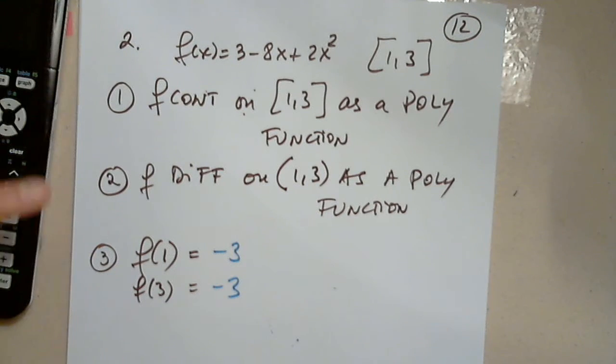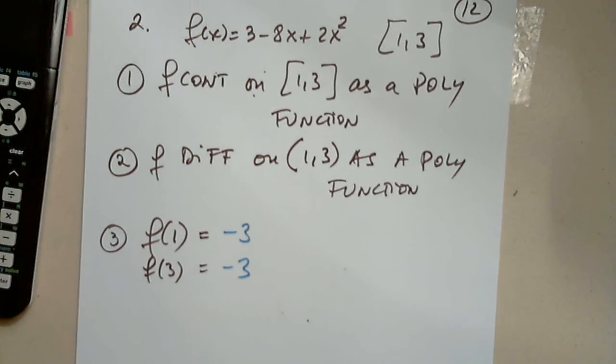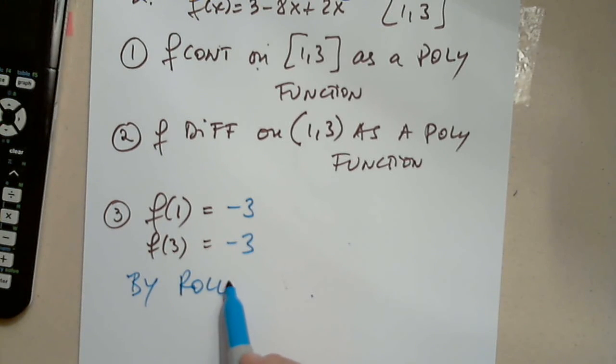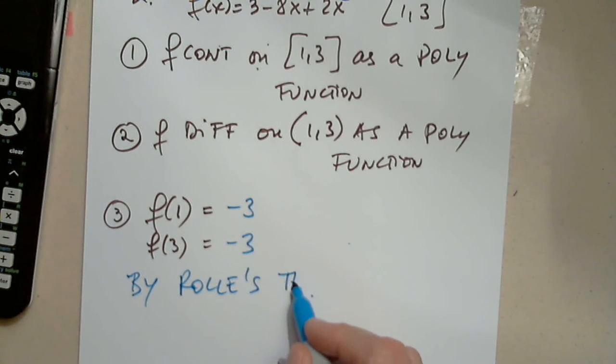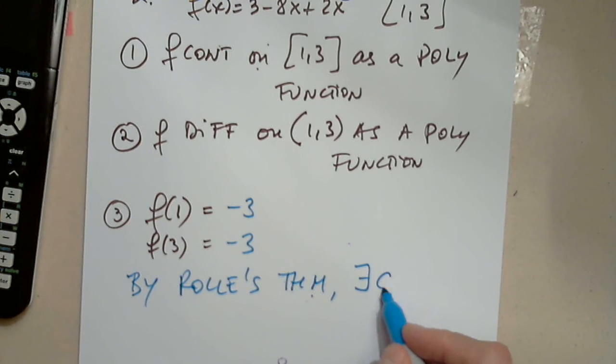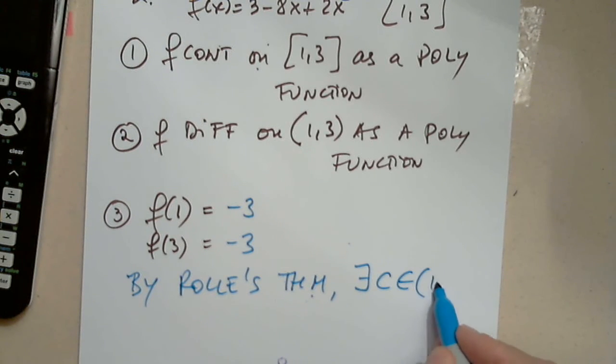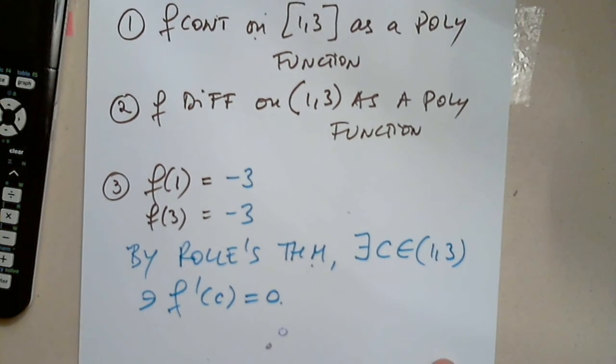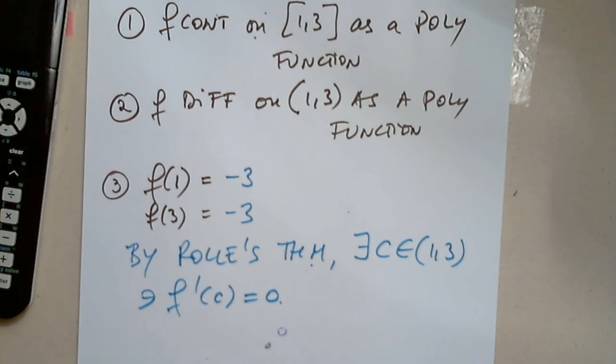So because f of 1 equals f of 3, Rolle's theorem is applicable, therefore we say by Rolle's theorem, there exists a C in the open interval, in this case 1, 3, such that f prime of c is 0. In other words, there is a max or a min somewhere there.